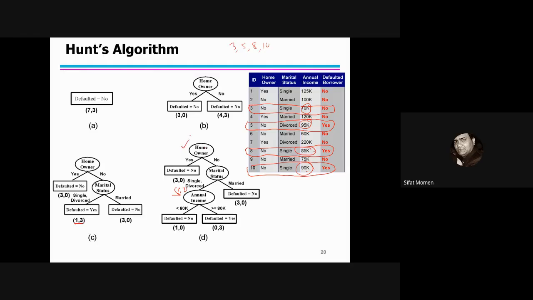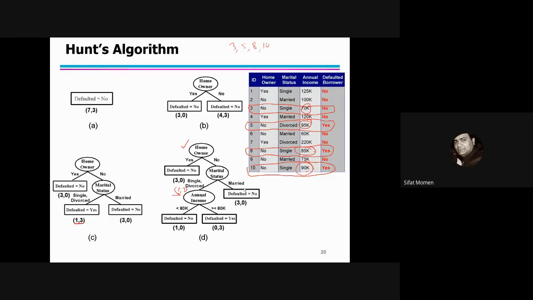Why did we use homeowner to split first, and not marital status or annual income? The second question: why did we split marital status into two parts, married and single-divorced? Why not into three parts: single, divorced, and married?